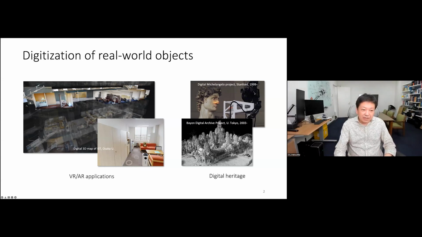As on the left-hand side, which is a visualization of our building, there are also applications to digitally preserving cultural heritages, such as those Bayon temple, and for the purpose of archival and also digital preservation. And not only these, digital 3D models are useful for 3D printing and manufacturing.